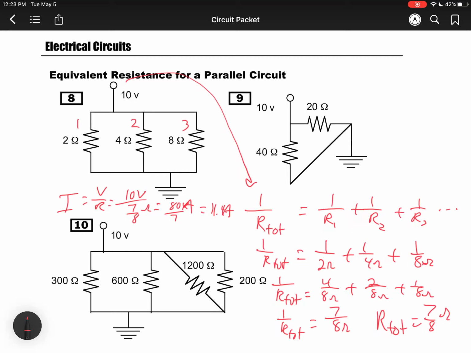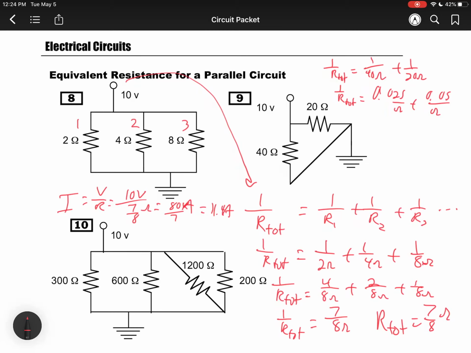Same thing with 9 here. So if we're going to do 9, we'll do 1 over R total is 1 over 40 ohms plus 1 over 20 ohms. Let's do calculator this time. 1 divided by 40, that's 0.025 over ohms plus 0.05 over ohms.